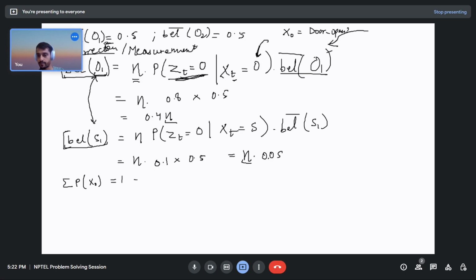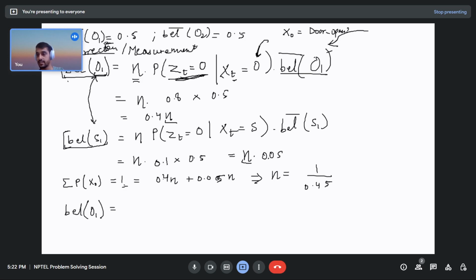So it is 0.4 eta plus 0.05 eta, and that should be equal to 1. So this gives us that eta should be equal to 1 over 0.45.